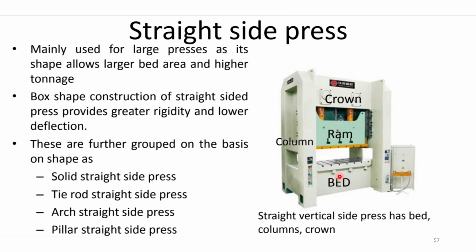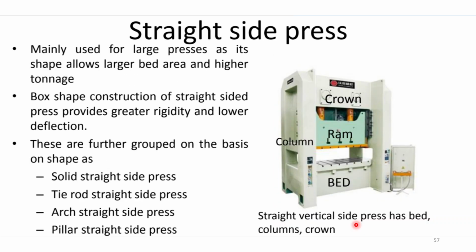And these are various parts of the press. You have the bed on which you put your samples, and columns, which support the ram, and the top part is the crown. So a straight vertical side press has bed, columns, and crown.